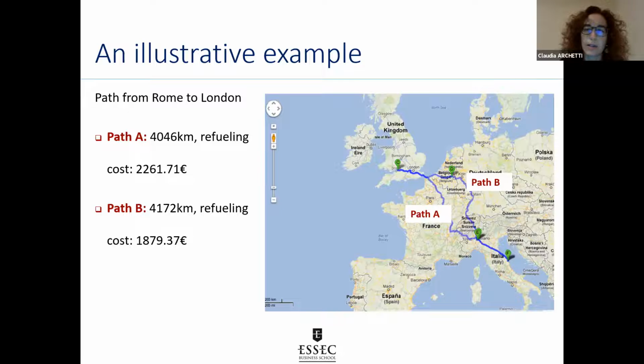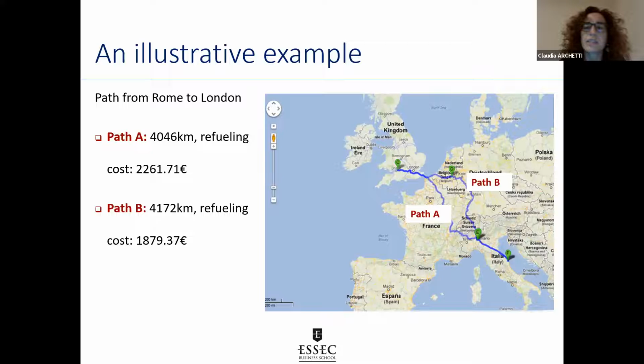And this picture that you see in the slide comes from this project, from what they submitted to this financing institution. So in this picture, you have two paths that go from Rome to London.